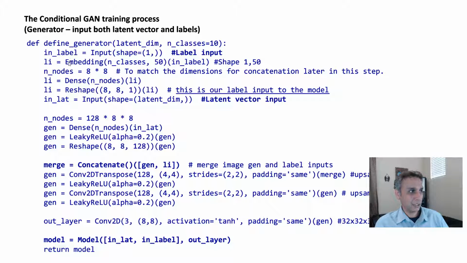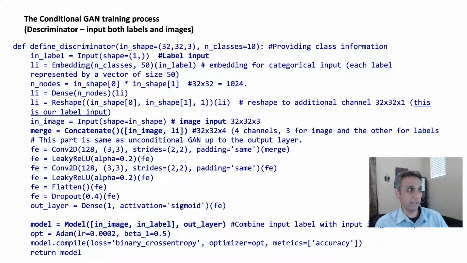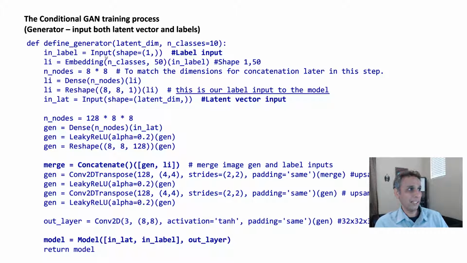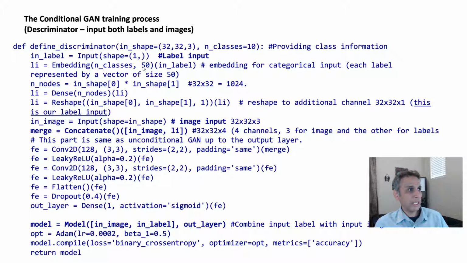That's why the first few lines are almost exactly the same as before, as my discriminator, where you add a label input of size 1, and you add an embedding layer to convert that label input of size 1 into a vector of size 50, where each of your class labels, again, are of size 50. Previously, we then changed the shape of this to 32 by 32 by 1 to make it compatible with 32 by 32 by 3, so we can concatenate these two.